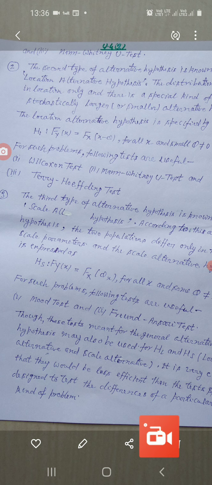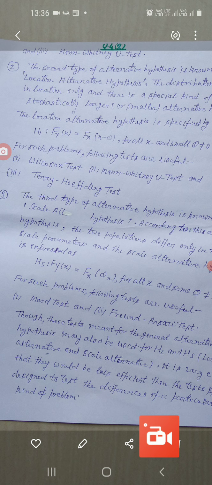According to this alternative hypothesis, the two populations differ only in their scale parameters, and the scale alternative hypothesis is represented as HS, that is Fy(x) is equal to Fx(theta x) for all x and some theta not equal to 1.